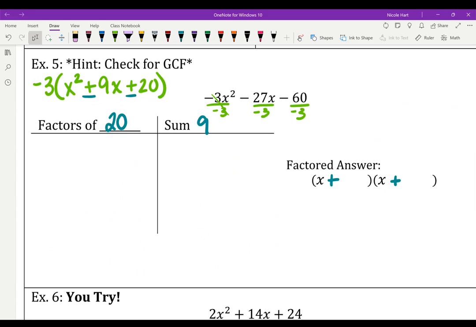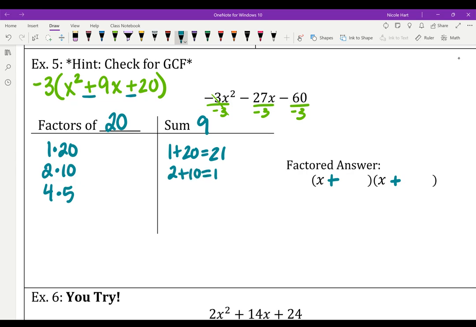So factors of 20, 1 and 20, 2 and 10. You can go through the list. So 1 times 20, 2 times 10, 4 times 5. Since I don't have to deal with positive and negative, there's just one set of each. 1 plus 20 is 21. 2 plus 10 is 12. But 4 plus 5 is 9, which is what we are looking for.